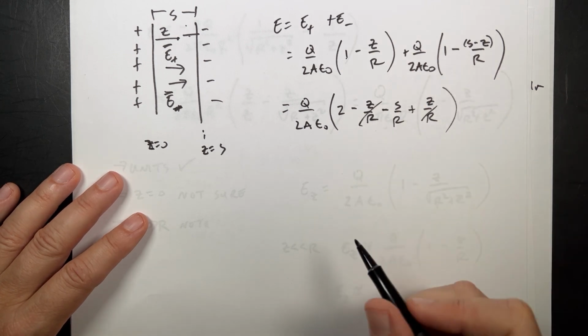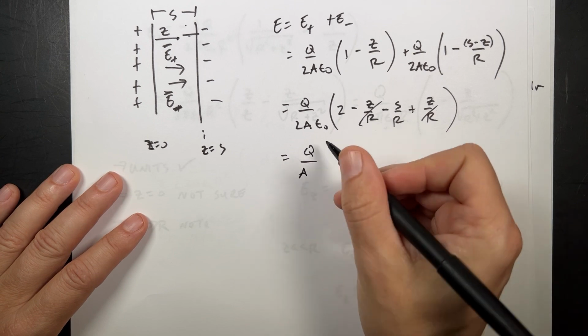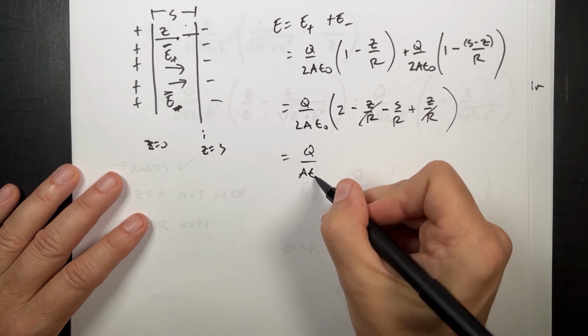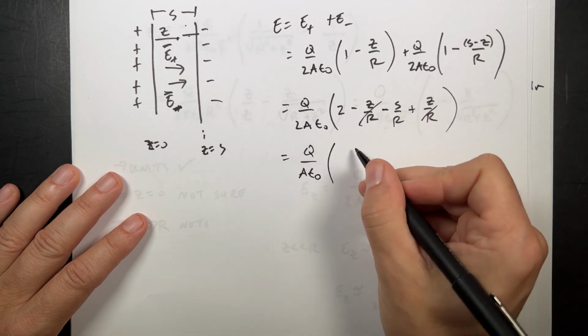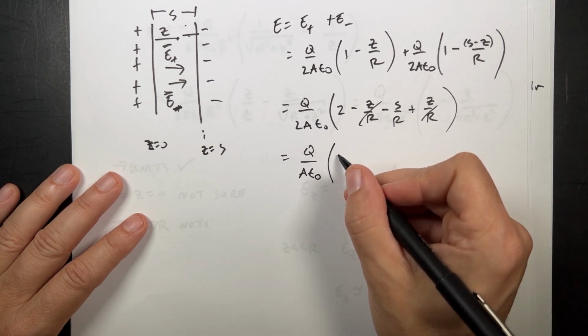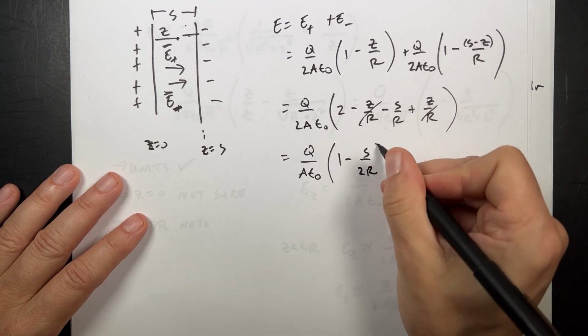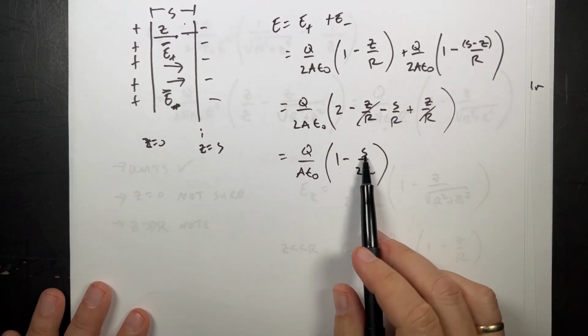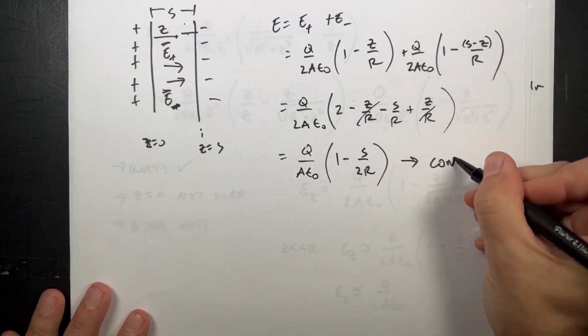Those cancel. So I get Q over A, and I'm going to factor out the 2 epsilon naught. The 2's cancel. And then I get 1 minus S over 2r. But it doesn't matter, right? S is the distance between them, and it's constant. This is constant.